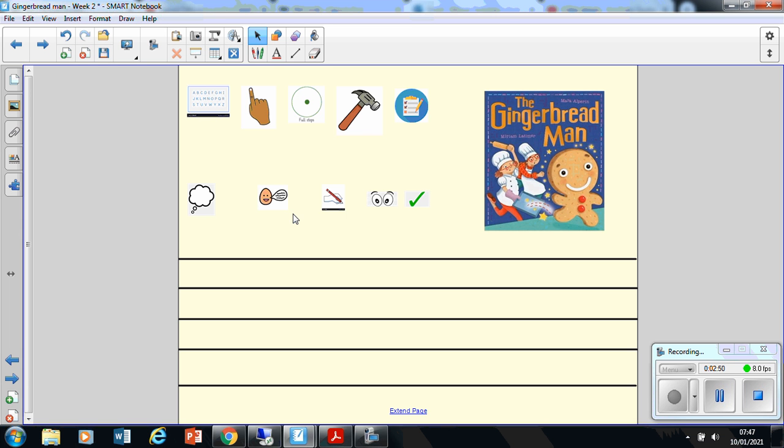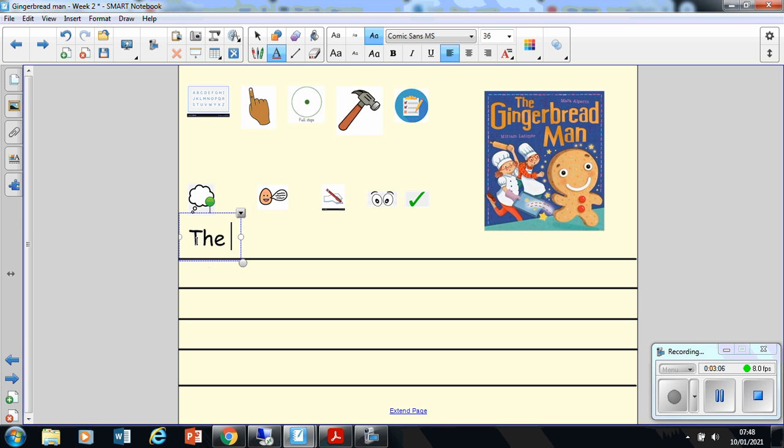Now I'm going to have a go at writing it, remembering to use my sound mat if I need to. Starting with that capital letter because I forgot the other day, didn't I? Naughty Mrs. Sweeney, cheeky Mrs. Sweeney.